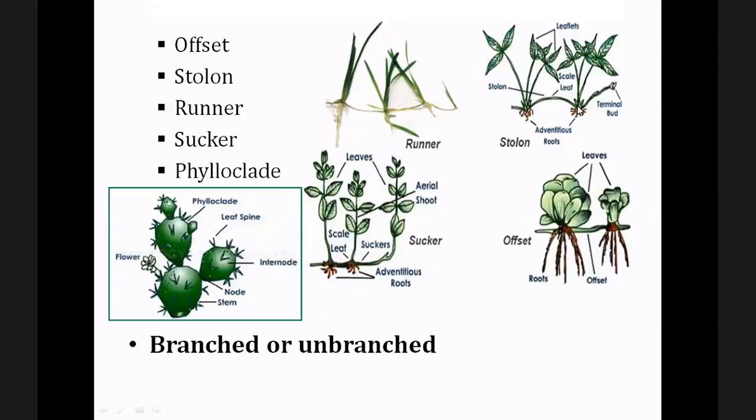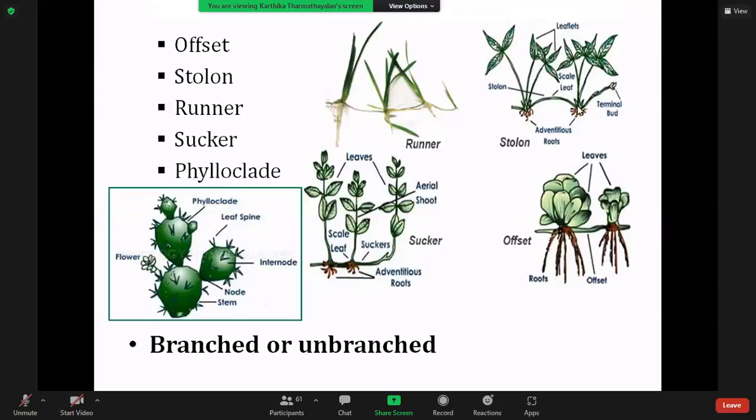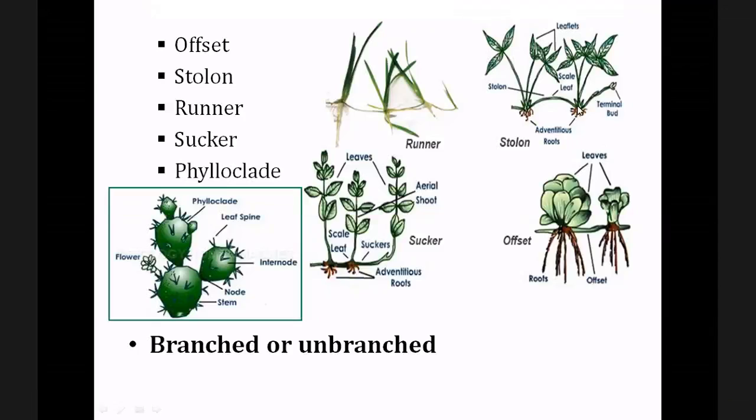The next stem modification is the phylloclade. This phylloclade is one of the stem modifications, to increase their photosynthetic capacity. These stems are modified as a phylloclade to carry out photosynthesis. This phylloclade provides the support and survival for that plant.